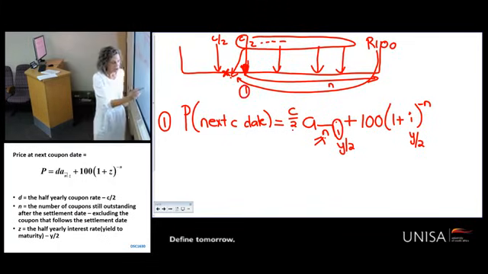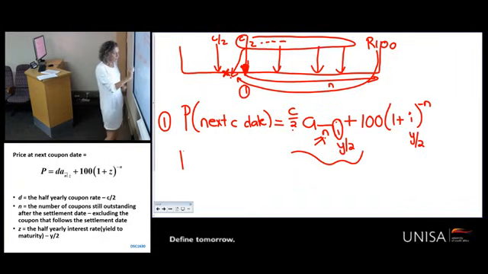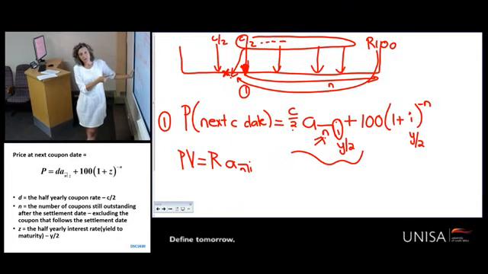But let's just look at this formula. Remember the present value of an annuity. What formula was this, for an ordinary annuity or an annuity due? This was for an ordinary annuity, meaning the payments were made at the end of each period.